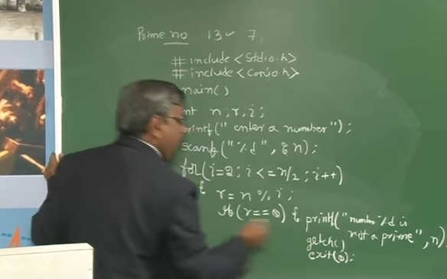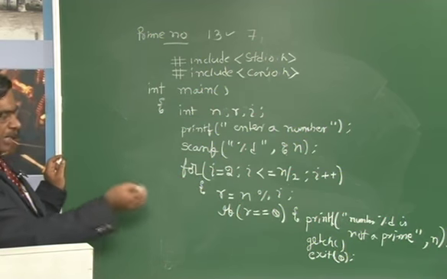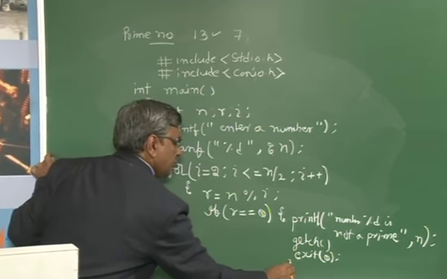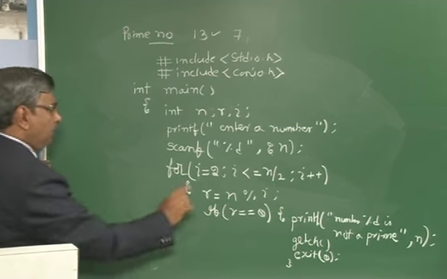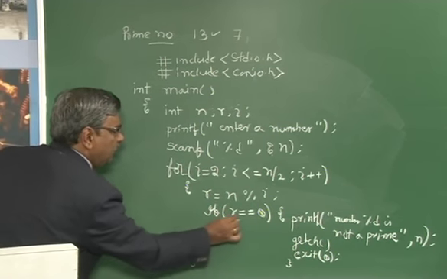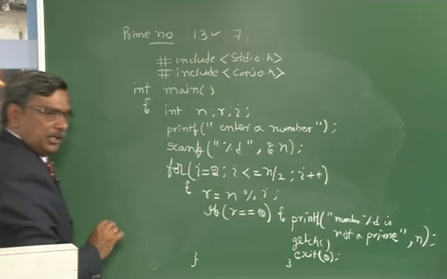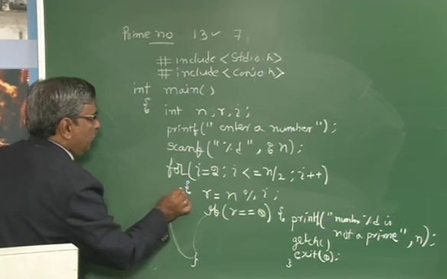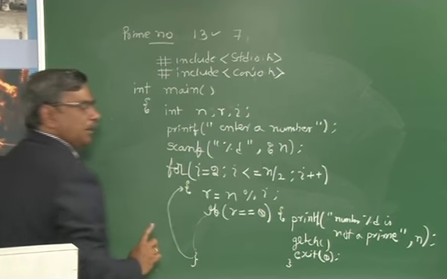This is a built-in function to take the control outside the program and close it. If it is not true, that is, if the remainder is not equal to 0, control goes back and your value is incremented by 1.